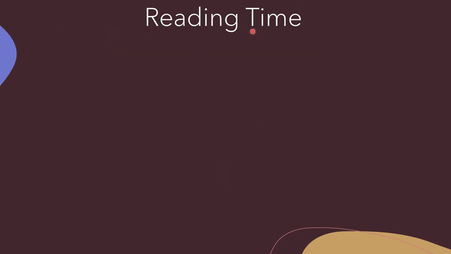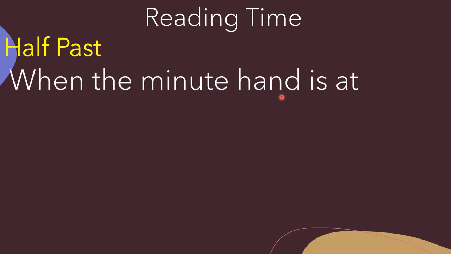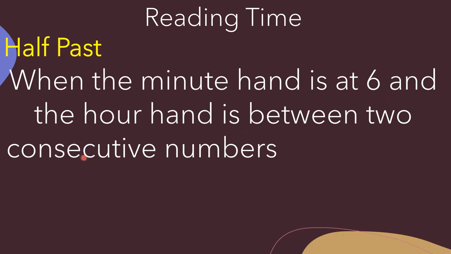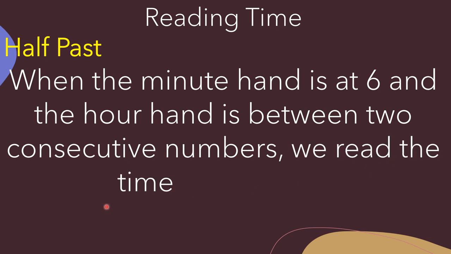Now reading time, half past. So beta, I am going to tell you how you can read the time which is half past. When the minute hand is at 6 and the hour hand is between two consecutive numbers, we read the time as half past. जब हमारा मिनट हैंड किस पे होगा बेटा? 6 पे होगा और जो आवर हैंड है वो किन्हीं टू नंबर्स के बीच में होगा. टू कॉन्सिक्यूटिव नंबर्स का मतलब होता है जो लगातार नंबर्स होते हैं, लाइक 1 2, 2 3, 3 4.